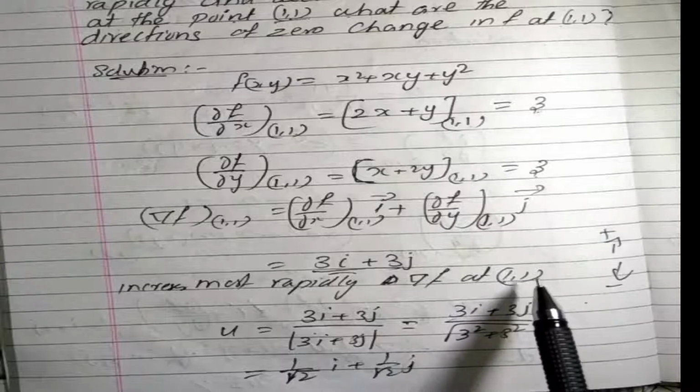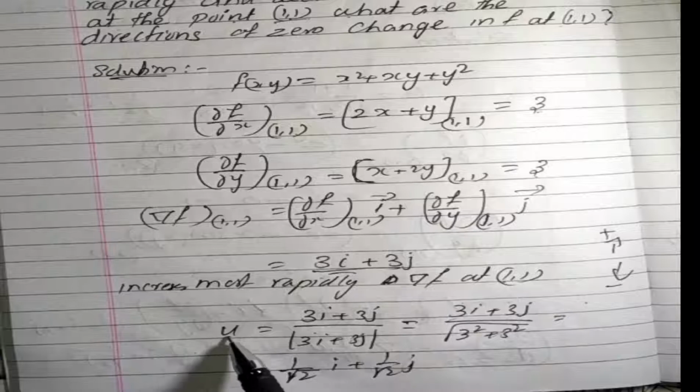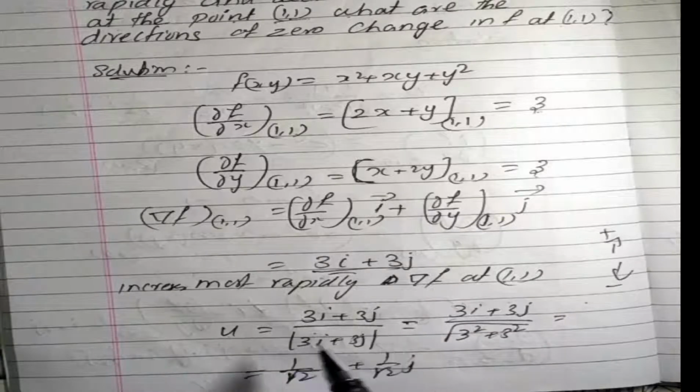Increasing means using the first property. Then u at a point equals (3i plus 3j) divided by the magnitude of (3i plus 3j).